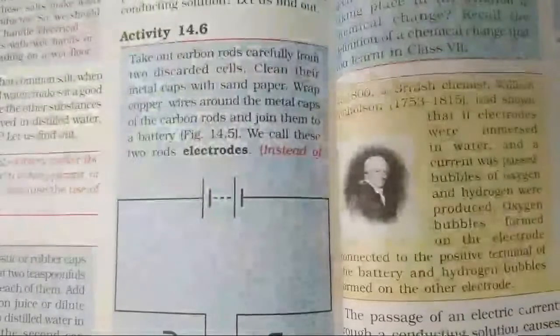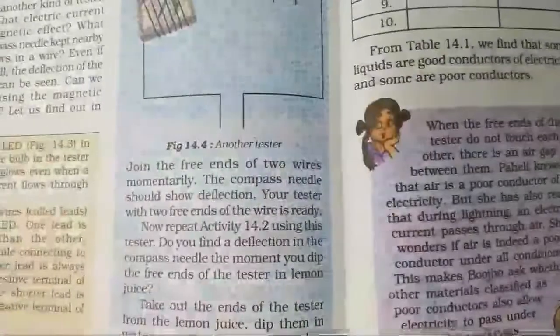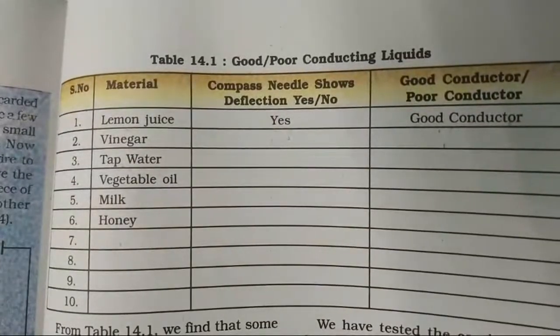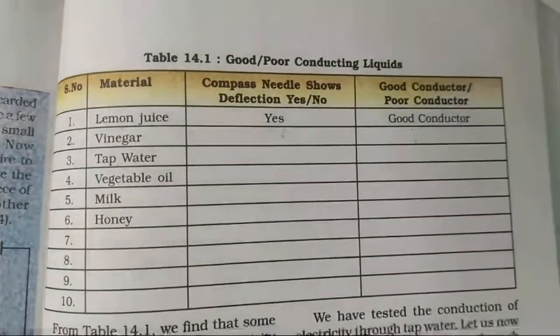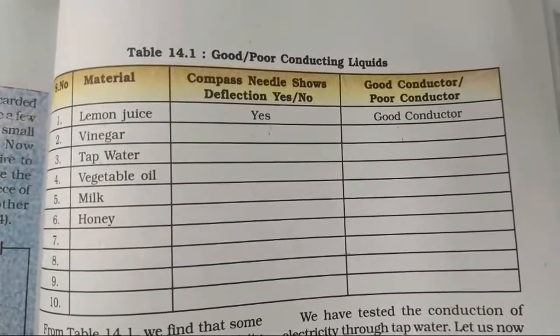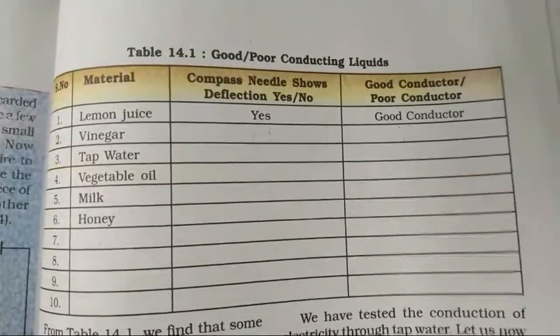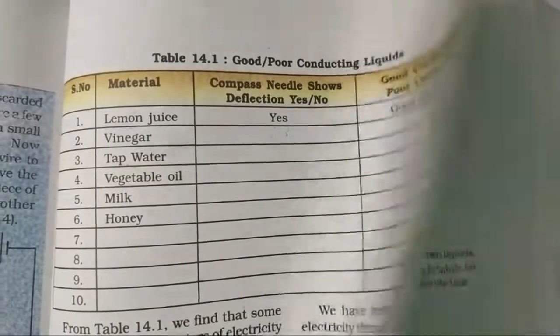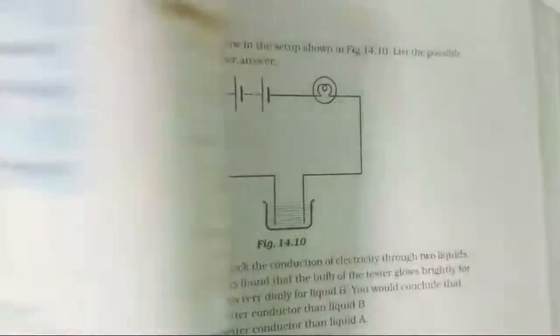We did this in the table. So from here you can give the names of three liquids which are conductors. You can say vinegar, an acid, tap water, and you can give lemon juice also.